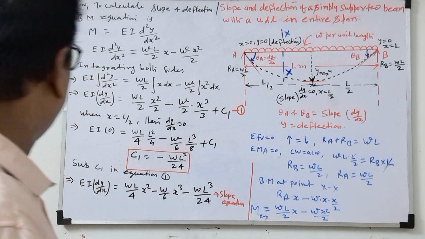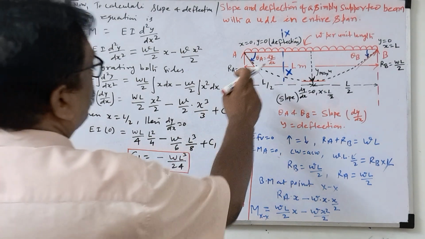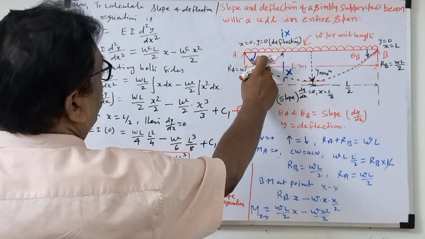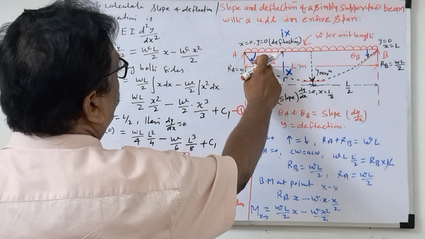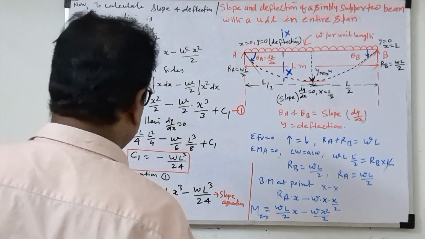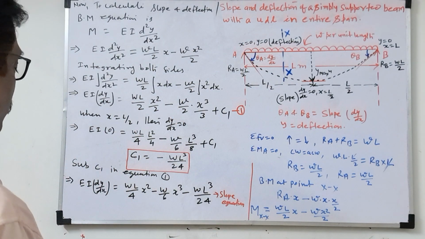Now, maximum slope. When will be the maximum slope? That means theta A, theta B. Slope will be maximum when x equal to 0. If we put x equal to 0, we'll get the maximum slope.